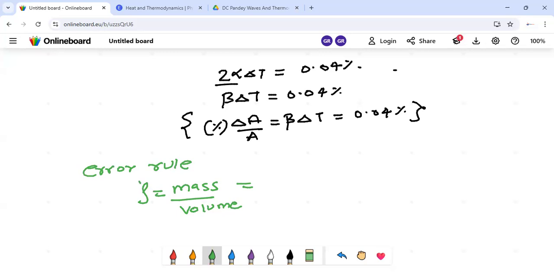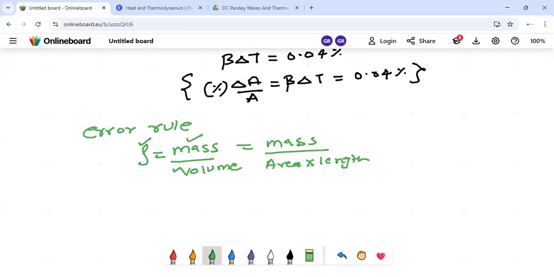So the error of density will depend on mass and it will depend on volume. Now, mass is fine. What is volume? Area into length. Now, mass is constant, because there is no change in mass given. If it is not mentioned that mass is changing, we have to take mass as constant.